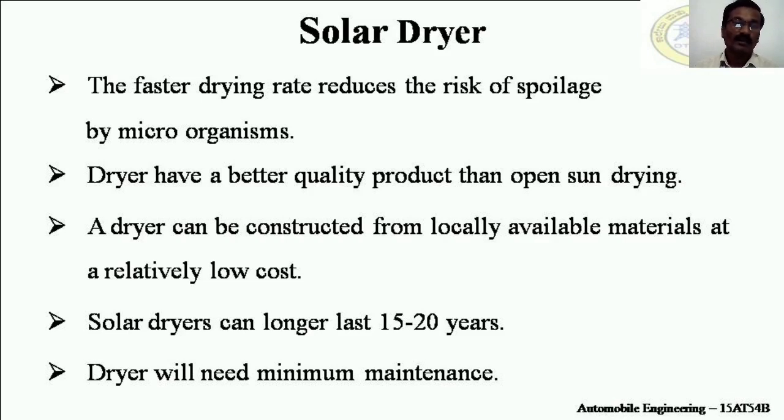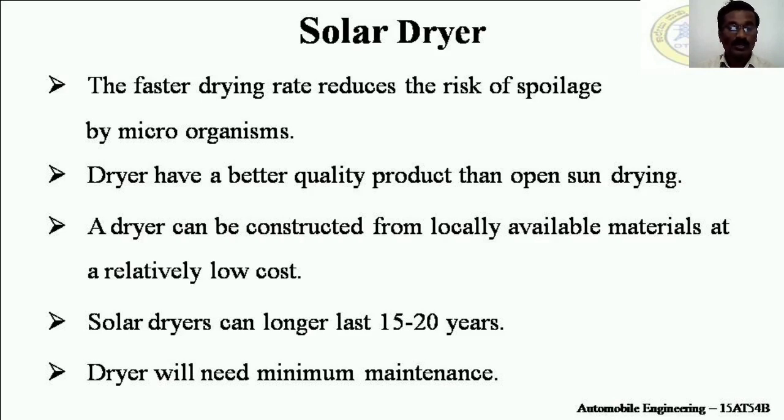The dryer gives a better quality product than open sun drying. Yes. The dryer can be constructed from locally available materials at a relatively low cost. The construction cost may be reduced because you use locally available materials.